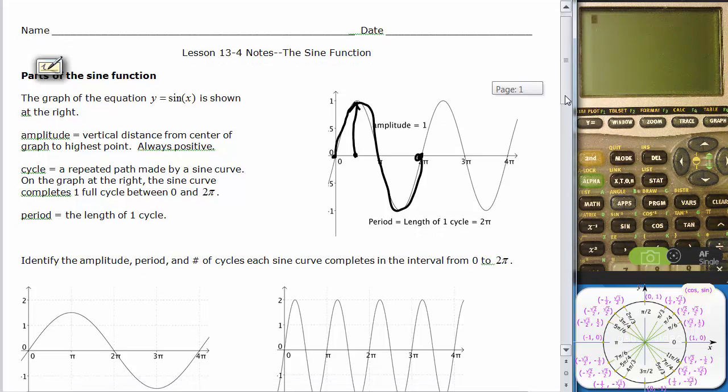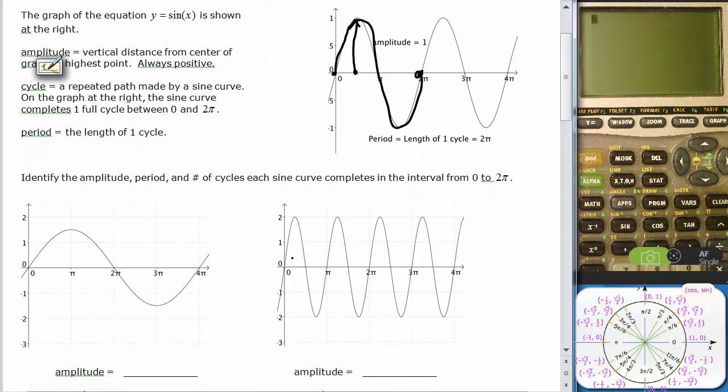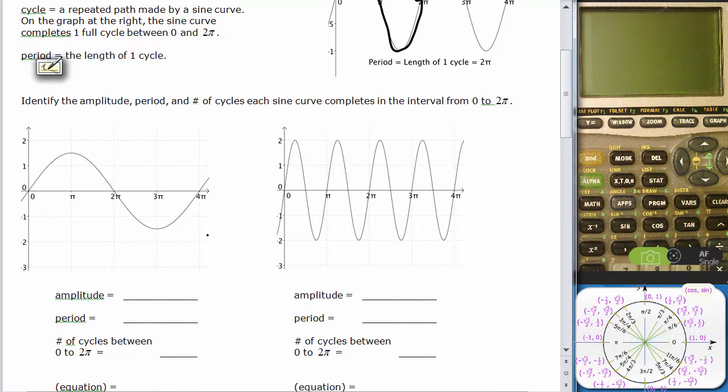Now we're going to take a look at two different sine curves that have different amplitudes, periods, and numbers of cycles from 0 to 2 pi. For example, on our first graph, if we measure the amplitude from its midpoint straight up, it appears that the amplitude is a little bit past 1, probably 1.5.